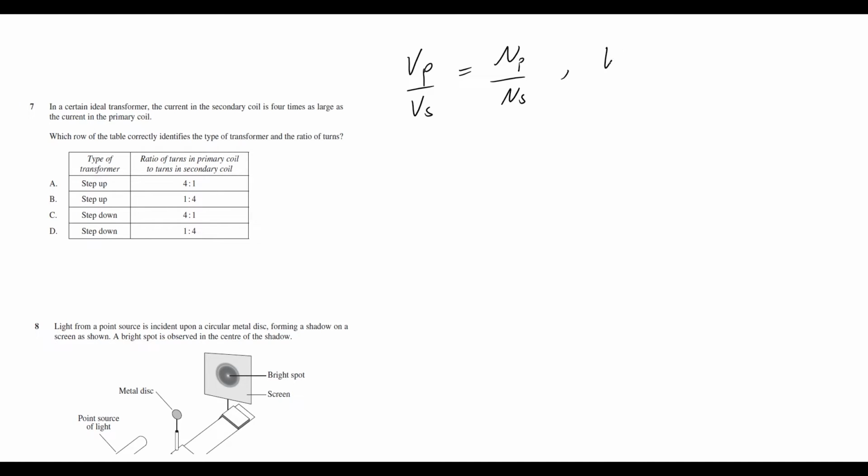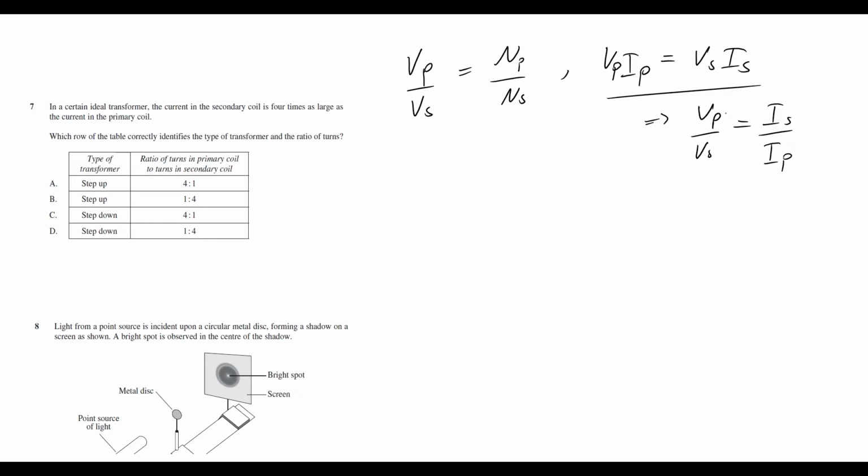What's something else we know we can use? We can use the voltage primary times the current primary is equal to voltage secondary times current secondary. Coming from this second equation, I might be tempted to rewrite this as Vp over Vs is equal to Is over Ip.